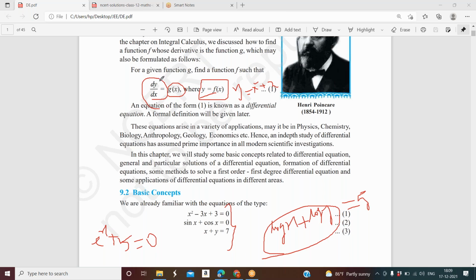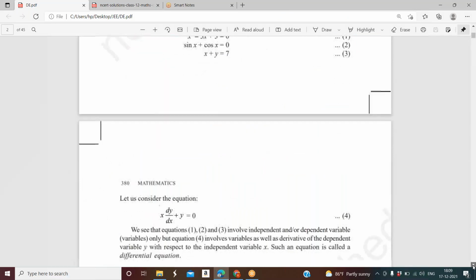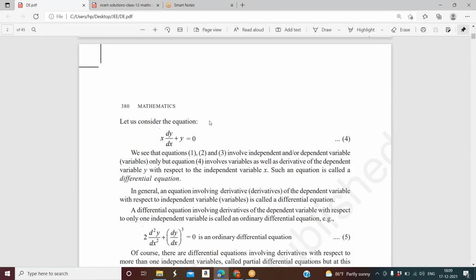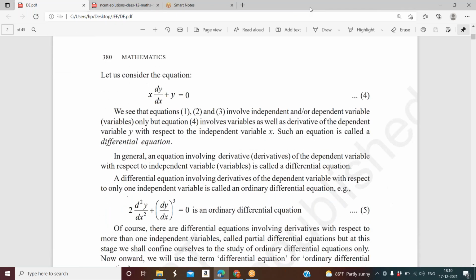So this is what derivative, and this is also a function of x, so that can be taken as g of x. So a differential equation is an equation involving derivatives. That is the differential equation definition. Let us consider this equation.